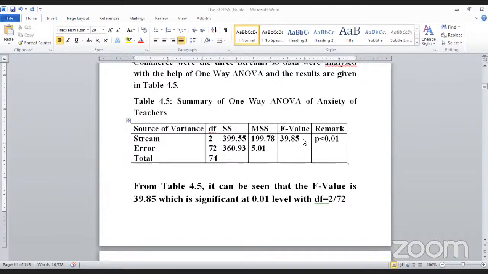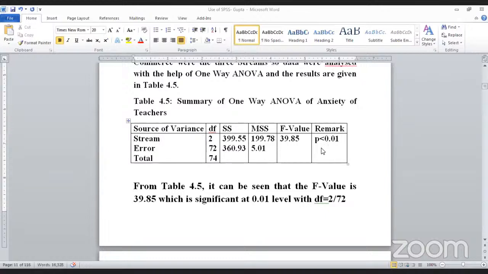Sachin, this my F value is significant. So whenever the F value is significant, the meaning is that the mean scores of anxiety of arts teacher, science teacher, and commerce teacher differ significantly. This is the meaning whenever the F value is significant.